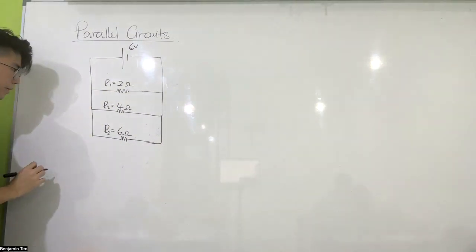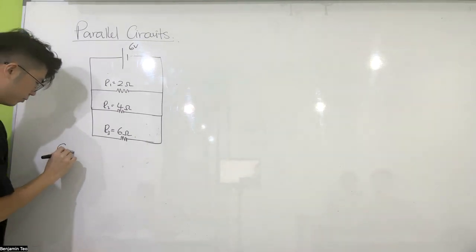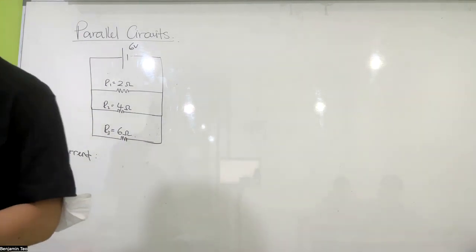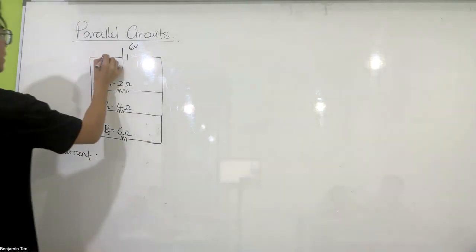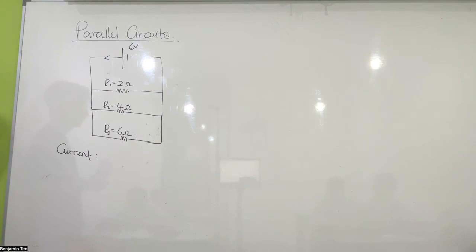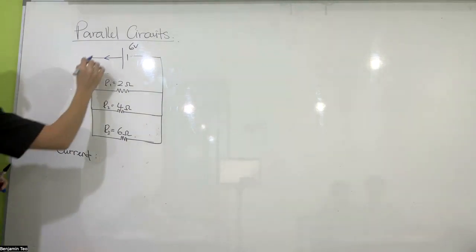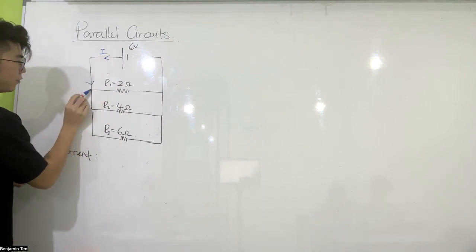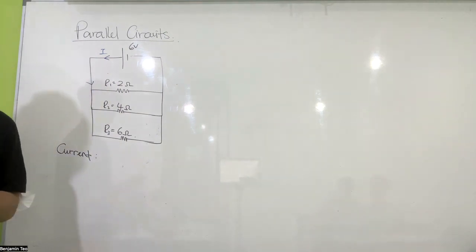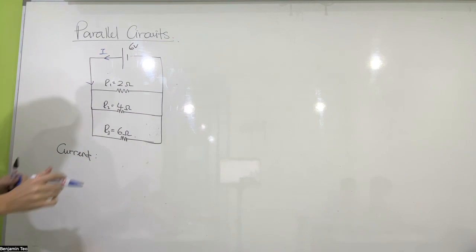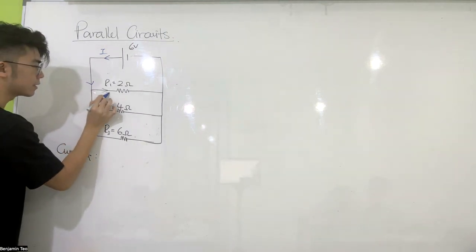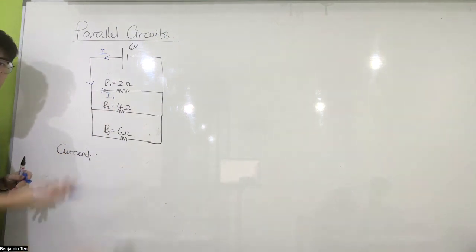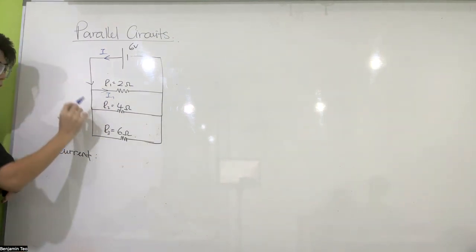The rules of parallel circuit, okay, current rule. Let's look at current first. Current comes out of the battery, let's say you have 5 electrons. 5 electrons come out. This is I total. It comes here, the first T junction, and they will split. Some electrons go inside here. This is I1. Let's say 1 electron goes inside, but 4 go down.